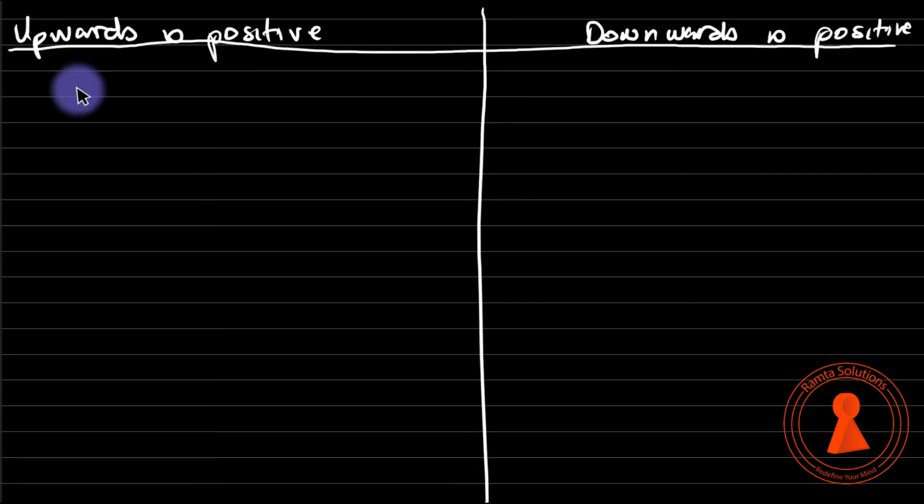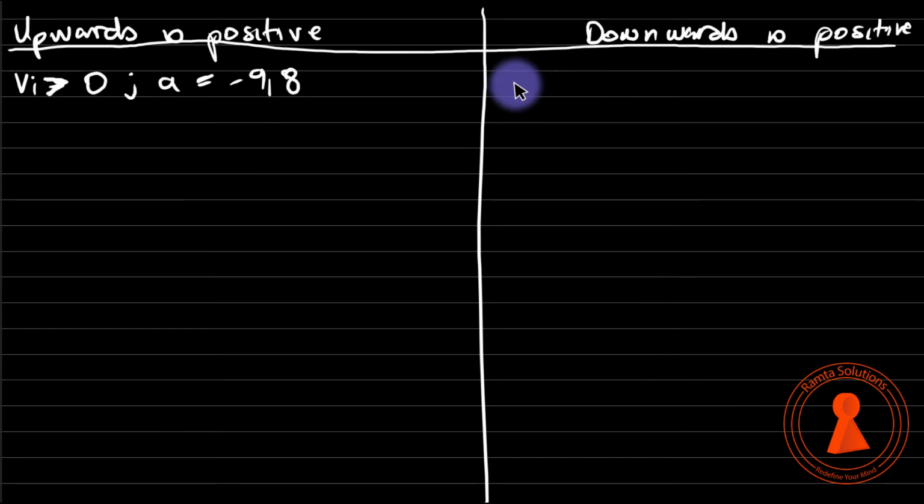Okay, so here we have mentioned that when upwards is positive, what is going on? Initial velocity here will be greater than 0 because the object is going up. So it's going in the same direction as the positive direction that we chose. So it'll be positive. Acceleration is still negative 9.8.